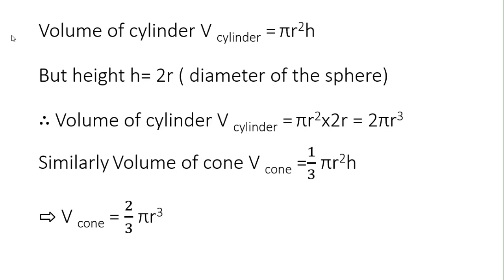Similarly, the volume of the cone is equal to 1 by 3 pi r square h. In the place of h, we can substitute h is equal to 2r, because the height of the cylinder as well as the height of the cone, both are same. So volume of the cone becomes 2 by 3 pi r cube.